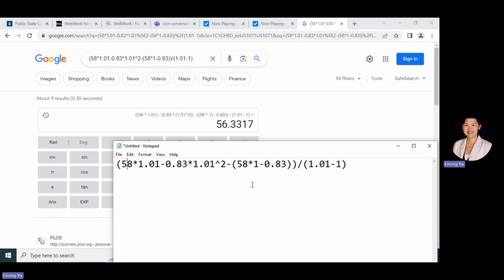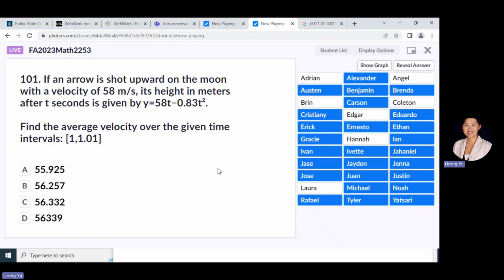Okay. Yeah. So this is the name of the class. If your answer is submitted, your name will be highlighted and you'll know that they got it.